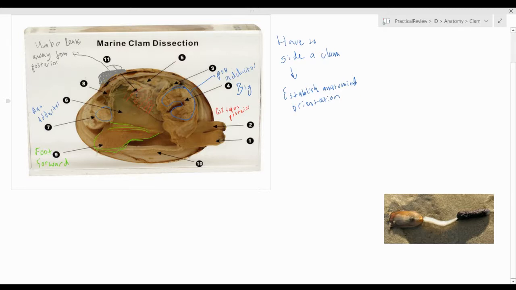So try to be able to do that, and then know the foot, this meaty part. I think it's actually a proboscis, but the foot is for pushing the clam along a little bit, and it points forward a little bit. It leans forward. It's like a tongue wagging toward the front of the body.